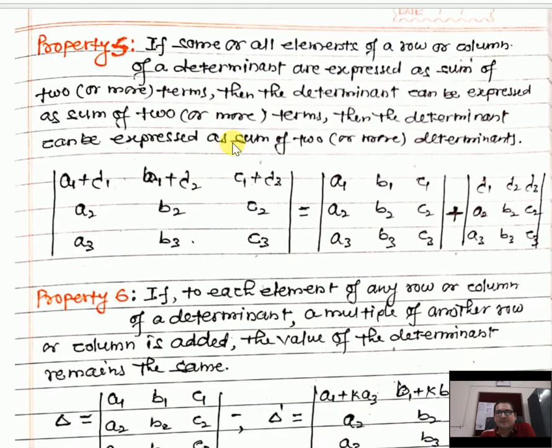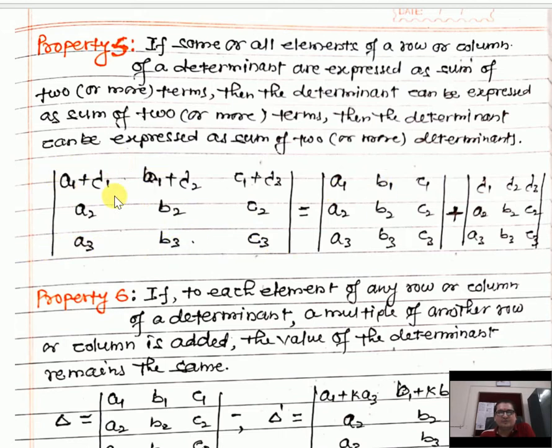Property number 5: if all elements of a row or column of a determinant are expressed as the sum of two or more terms, then the determinant can be expressed as the sum of two or more determinants. Here the first row is a1 plus lambda 1, b1 plus lambda 2, c1 plus lambda 3, and then a2, b2, c2, a3, b3, c3.